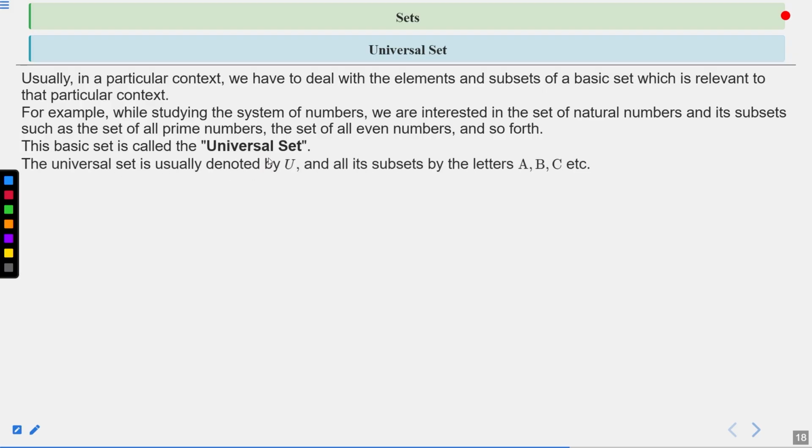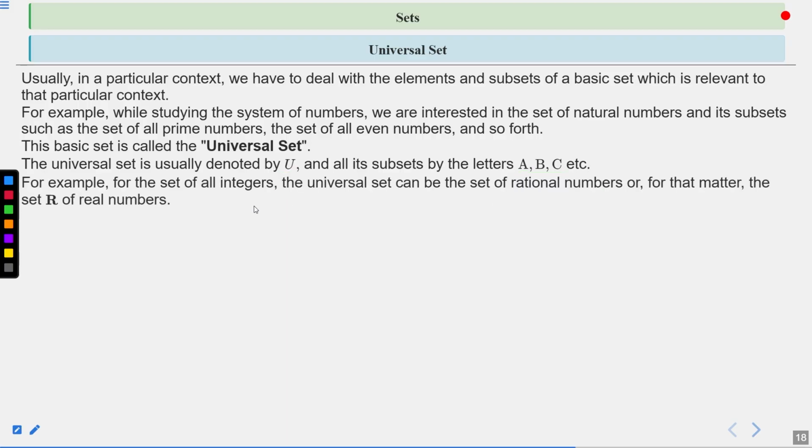The universal set is simply denoted by capital U and all its subsets are denoted by capital letters A, B, C, etc. For example, for the set of all integers, the universal set can be the set of rational numbers or, for that matter, the set of real numbers.